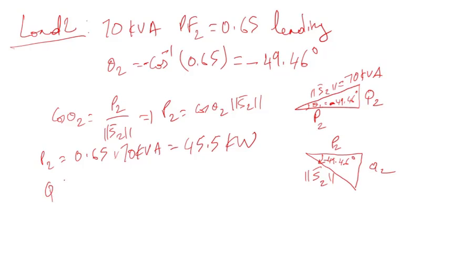As I did for load 1, Q2 is P2 times tan of theta 2, which would be P2 is 45.5 kilowatt, theta 2 is negative 49.46. So if you plug in the numbers, you get negative 53.2 kvar or kilovar.